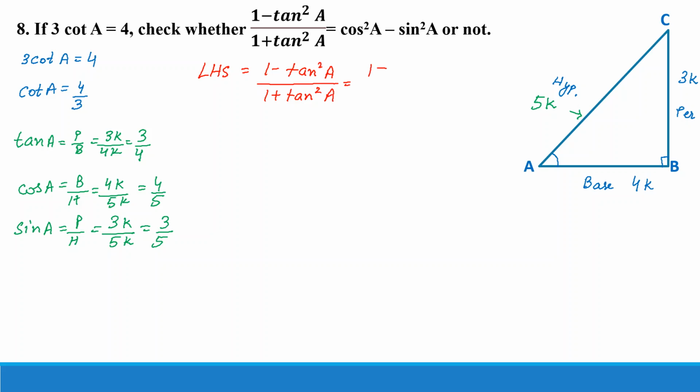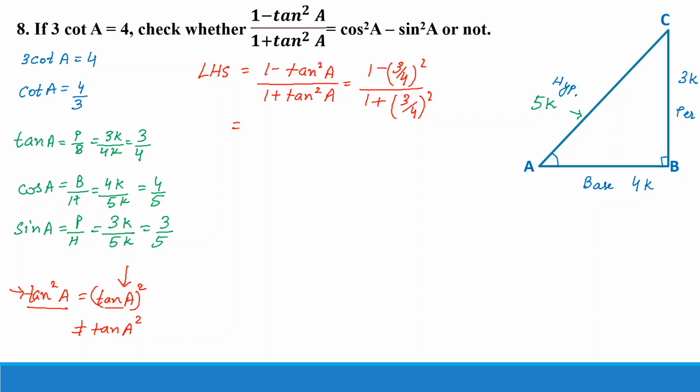So now we know the value of tan square A. Tan square A and tan A whole square are both the same thing, but it will not be equal to tan of A square. So either if we are writing it in this form or in this form, both are the same. Remember this also. So the value of tan A is 3 by 4. So we'll be putting it over here: 1 minus (3 by 4) whole square upon 1 plus (3 by 4) whole square.